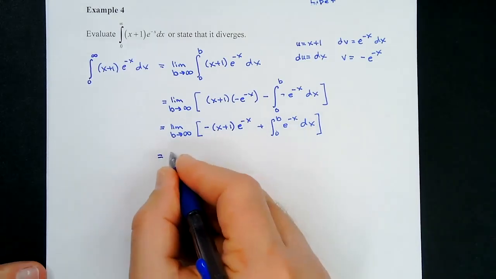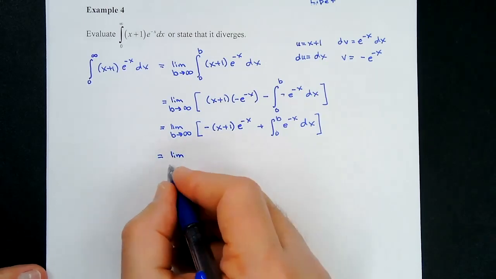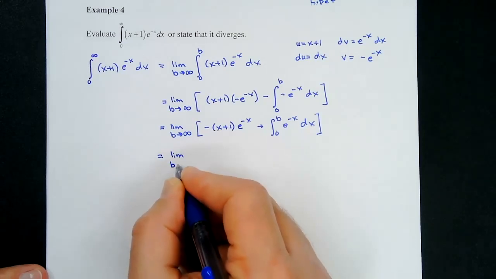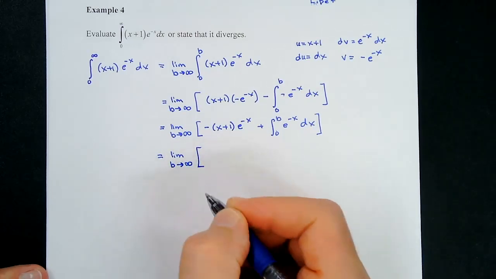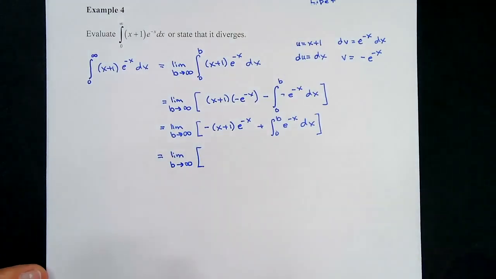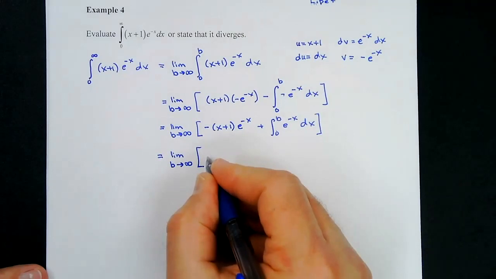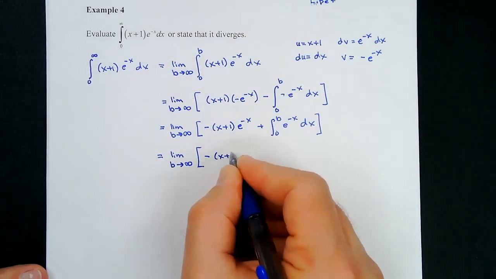So this is equal to the limit as b goes to infinity of, and we've got to evaluate this whole thing. And so I have negative of x plus 1. Let me hold off on that.